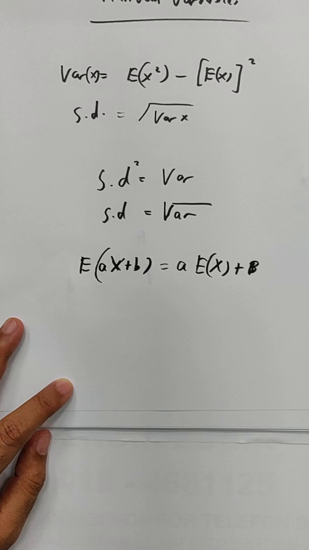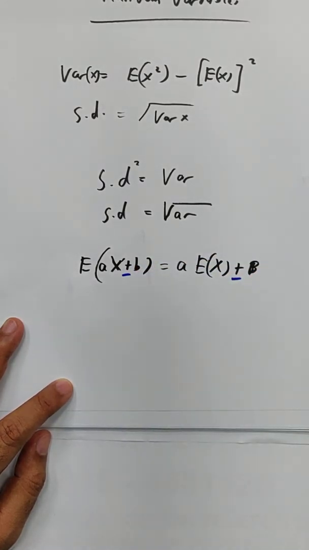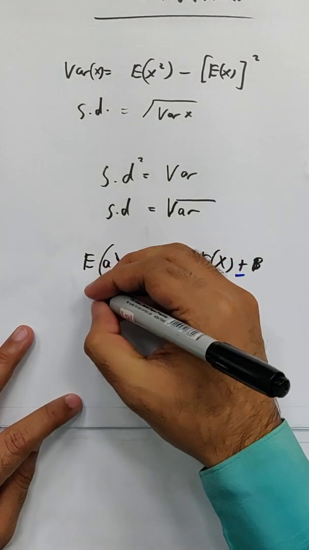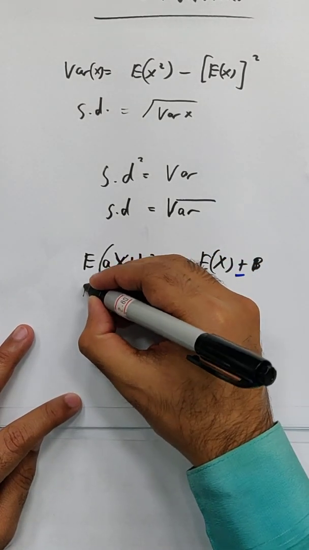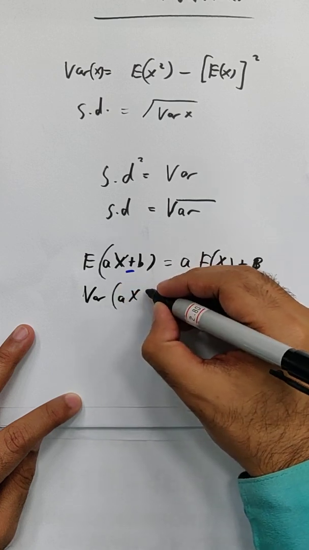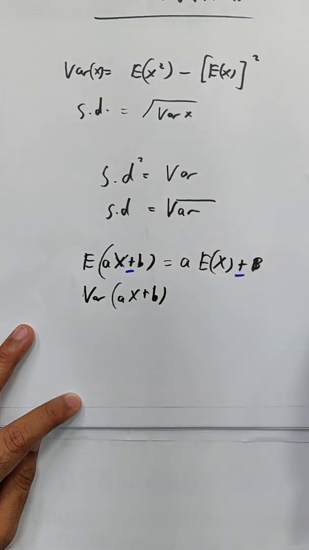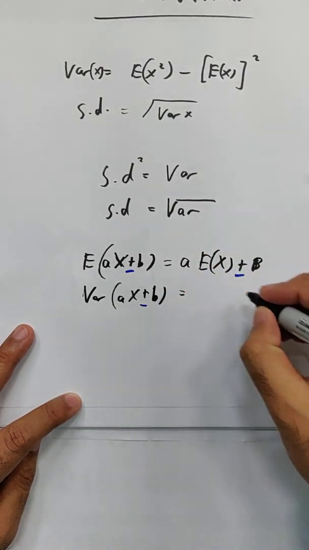Plus minus. Let's put a minus here. I got it the same as that. For variance, however, I'll get something like this.